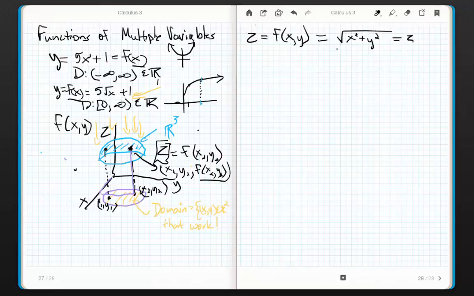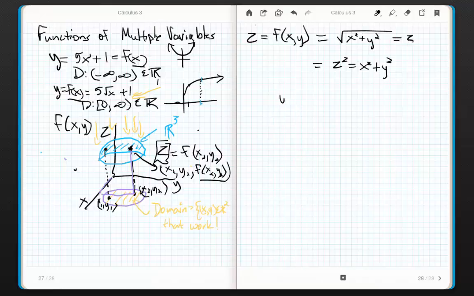So another way to think about this is z squared equals x squared plus y squared, but with a caveat. Remember, this is only going to spit out positive numbers. I can't get negative values out of that. So while I could stick negative values of z into the squared equation, that's not going to work, since z equals the root of x squared plus y squared, z is only going to be positive.